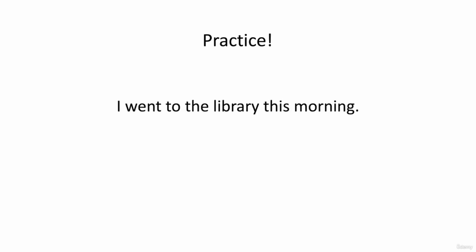I went to the library this morning. There is one verb in this sentence, went, which is the past tense of the verb to go. Go is an action verb.